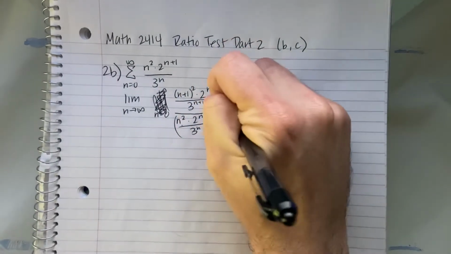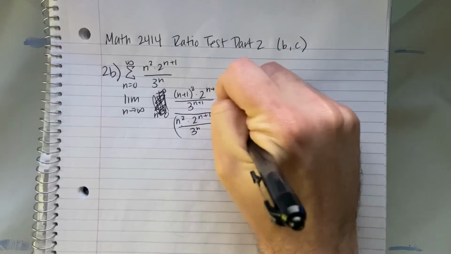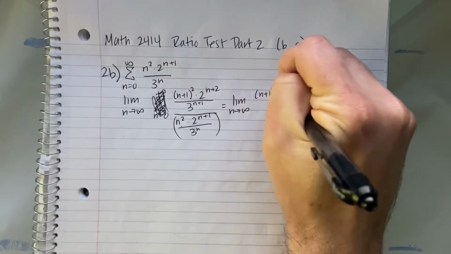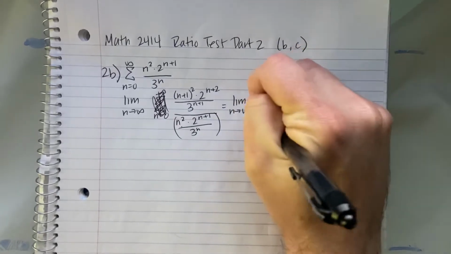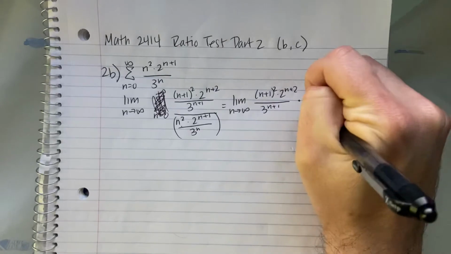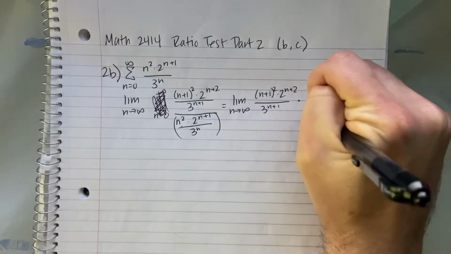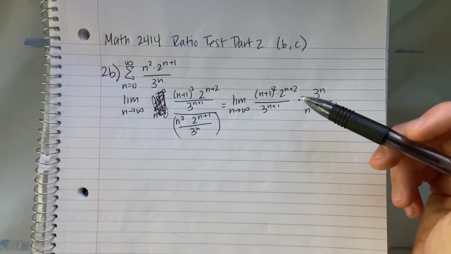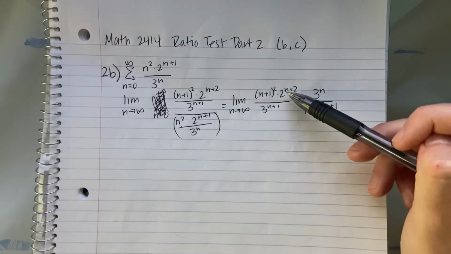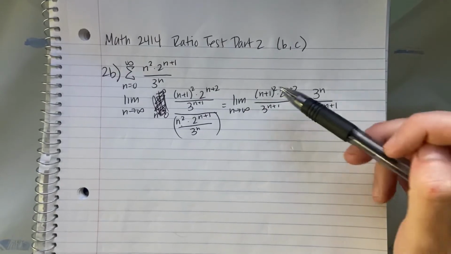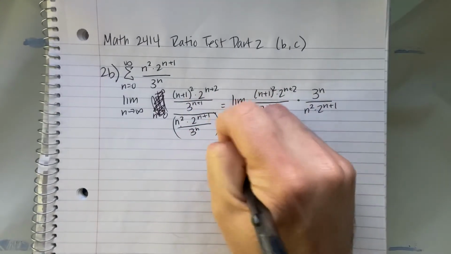Now dividing is, again, multiply by the reciprocal. n plus 1 squared times 2 to the n plus 2 over 3 to the n plus 1 times 3 to the n over n squared times 2 to the n plus 1. Now, if you're looking just across, the numerator is going to have one more 2, the denominator is going to have one more 3, and I'm going to pair my n terms together.